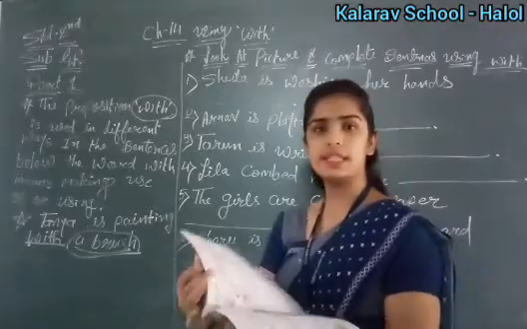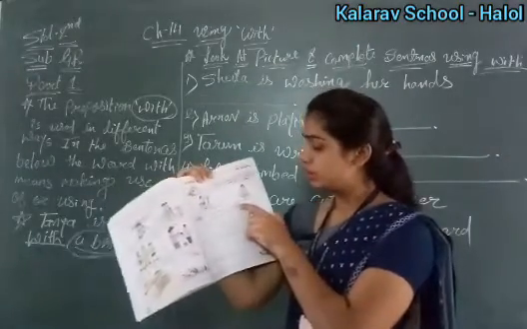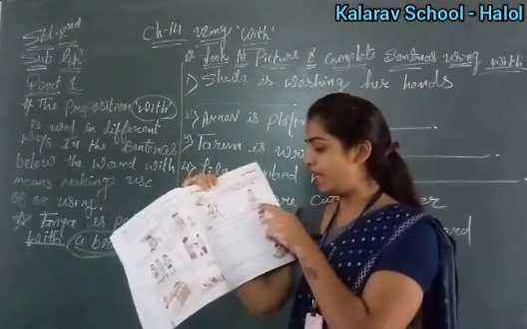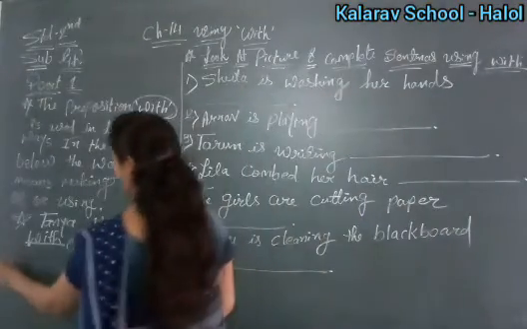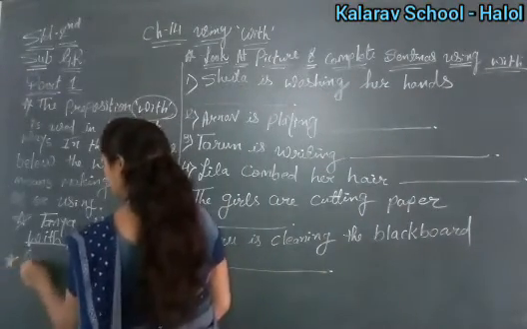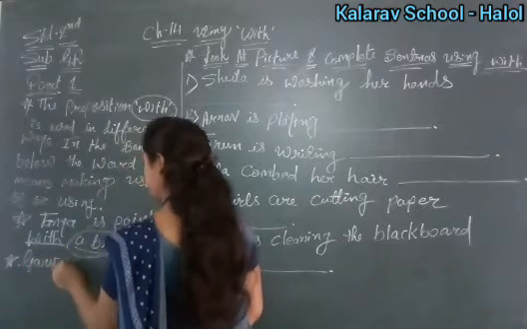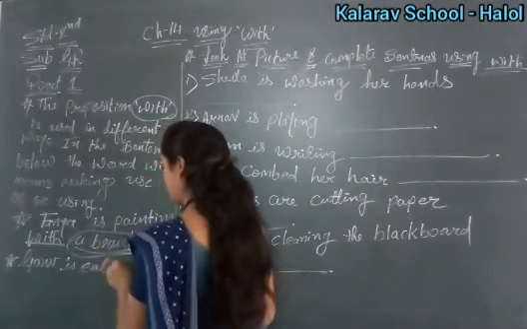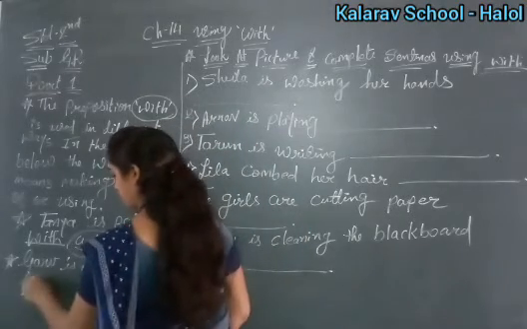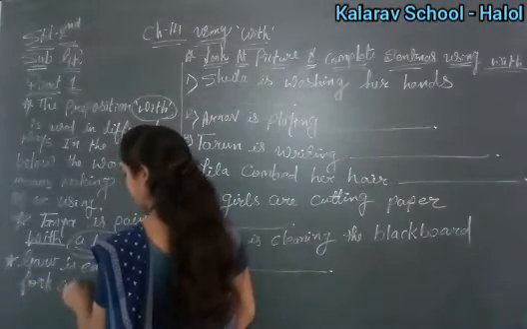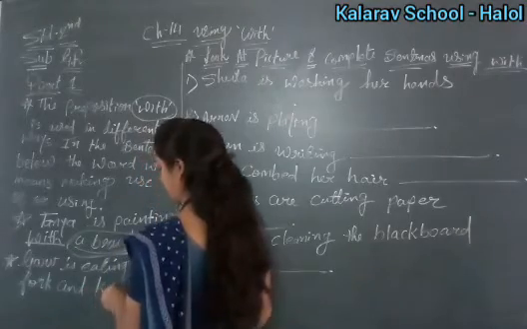Now see what is the second example. Girl is eating dash fork and knife.